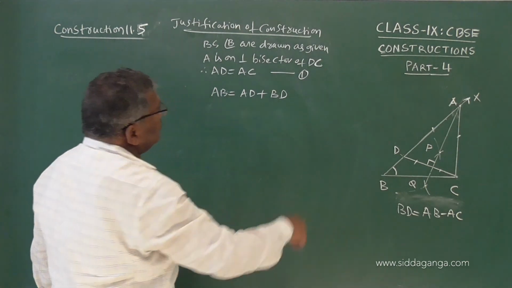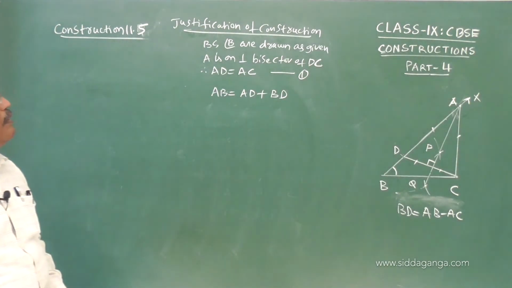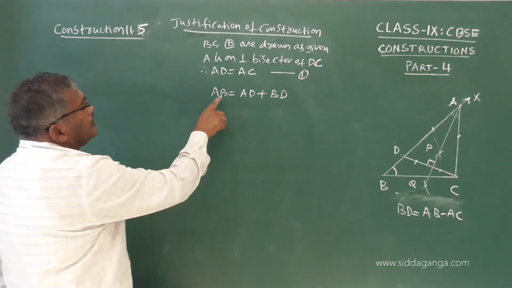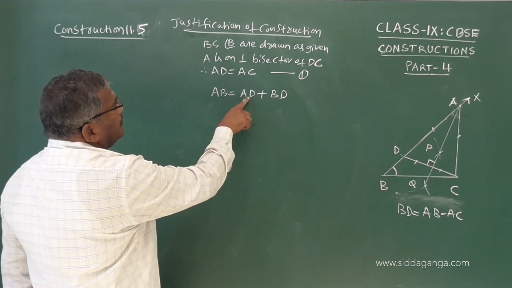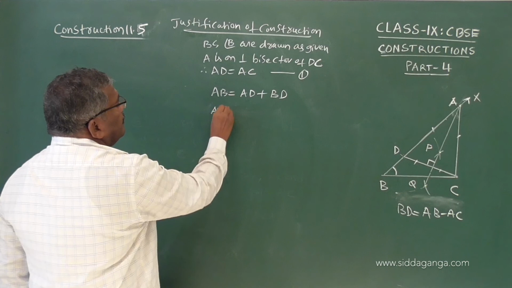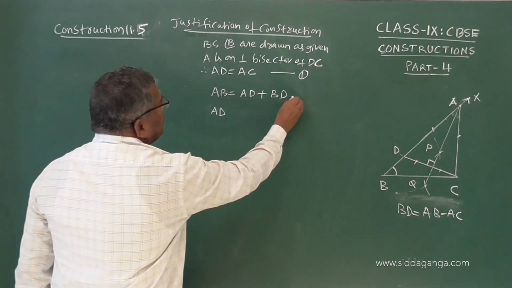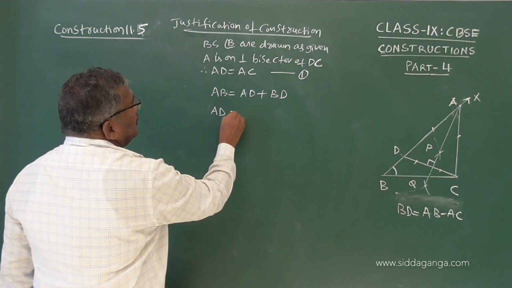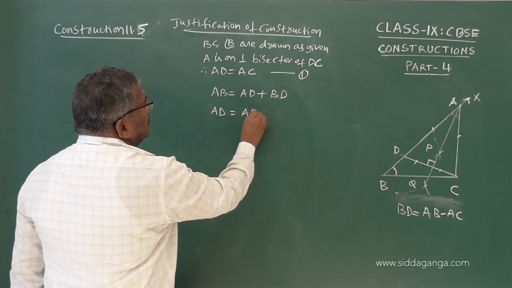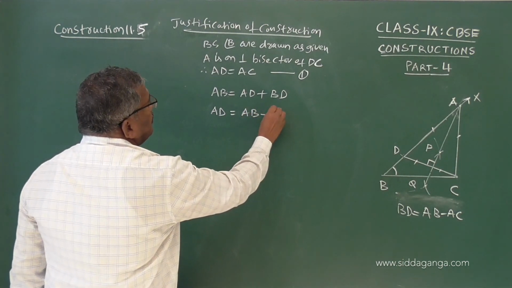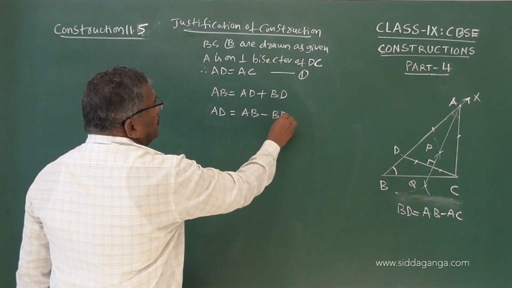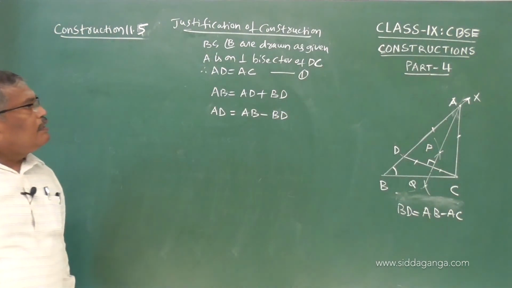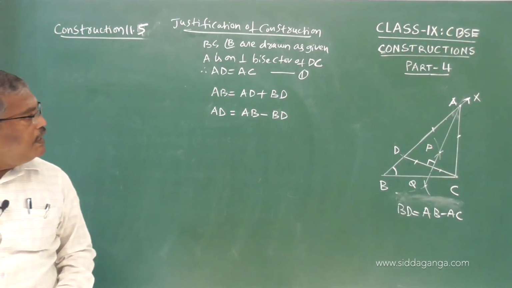AB is the total length. So what will be AD? In this equation 2, AD will be equal to AB minus BD.